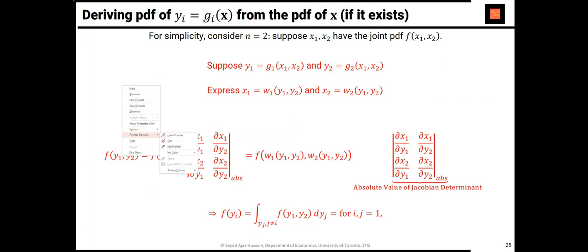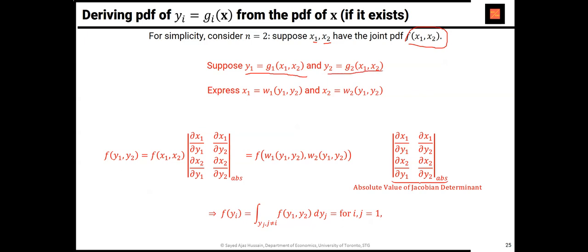If you have two random variables and you know the joint PDF in terms of x1, x2, if someone now asks you to find the PDF of y, they have to give you two separate y equations. One y equation in terms of x1, x2, a second y equation in terms of x1, x2.